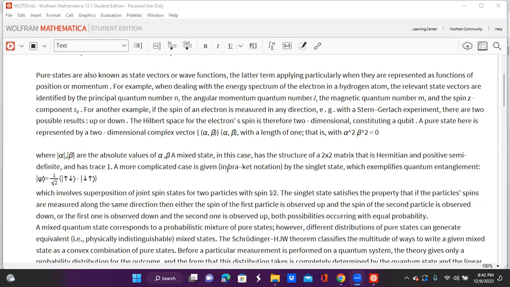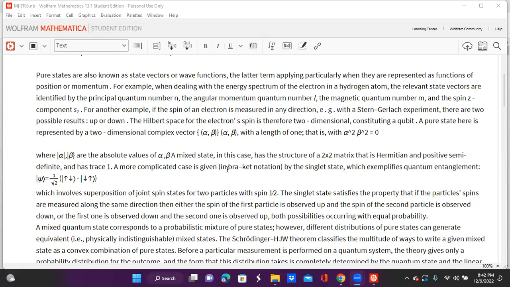For example, if the spin of an electron is measured in any direction with a Stern-Gerlach experiment, there are two possible results, up or down. The Hilbert space for the electron spin is therefore two-dimensional, constituting a qubit. A pure state here is represented by a two-dimensional complex vector (alpha, beta) with a length of 1, that is, with the absolute value of alpha squared plus the absolute value of beta squared equaling 1.